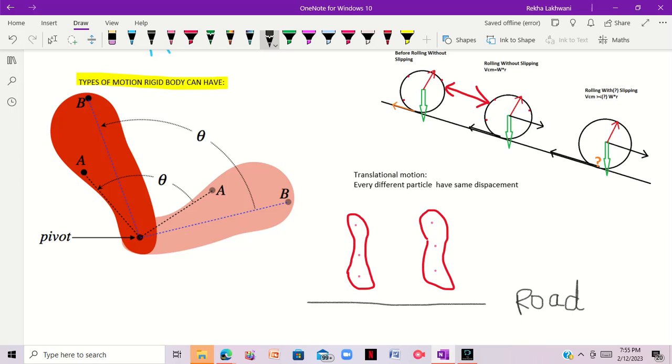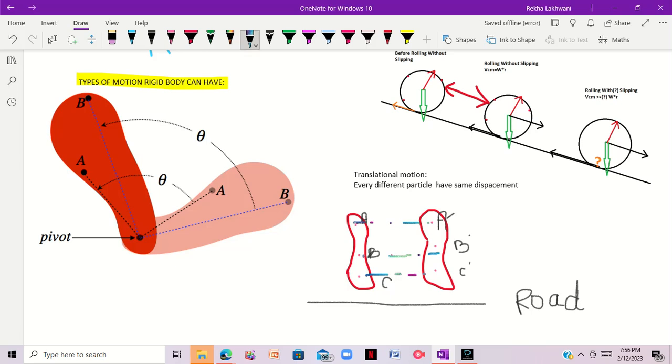Consider that this is point A, this is A dash, this is B, this is B dash, this is C, and this is C dash, right? If we check the displacement here, from A to A dash, B to B dash, and C to C dash, you can see that they have covered the same displacement, right?